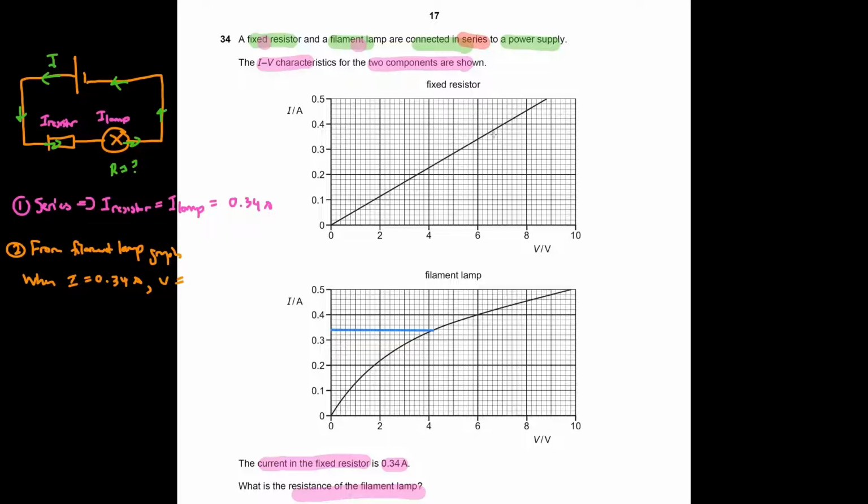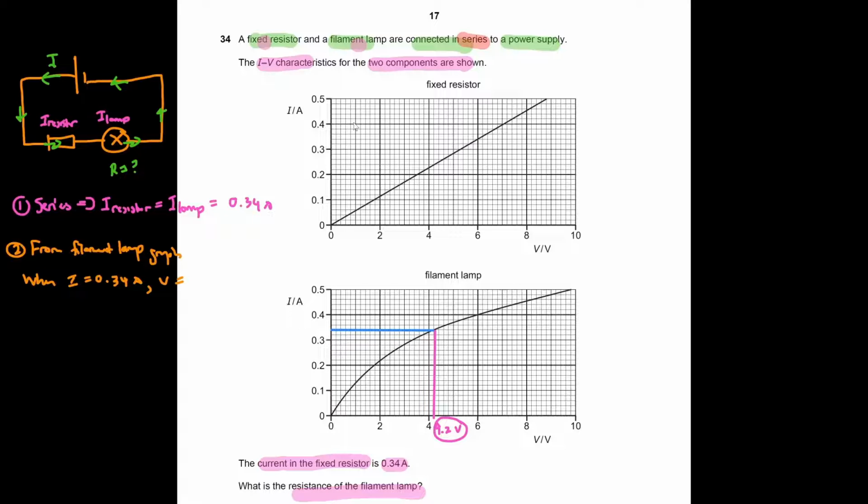And then the corresponding value of my voltage would be here. I see that there's 2 divided by 10 boxes, so each small box is 0.2. This one therefore must be 4.2 volts. This one was 0.34 amps.